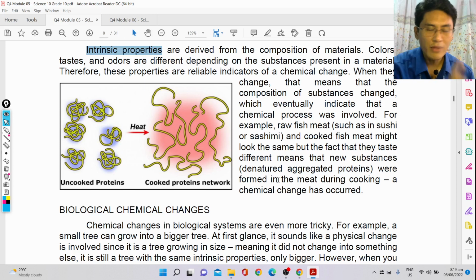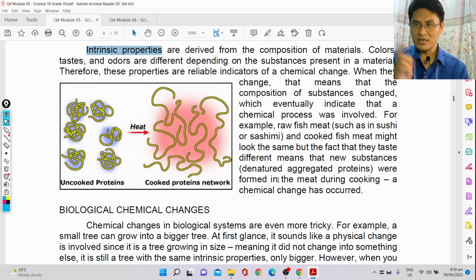But mind you, those two examples are tricky because remember, when water vapor condenses into water, it seems like it's a chemical change, but it's a physical one. And cooking meat or cooking fish seems like a physical one because it's fish, and then when you cook it, it's still fish, but it's a chemical one because again, the properties, the substances change.